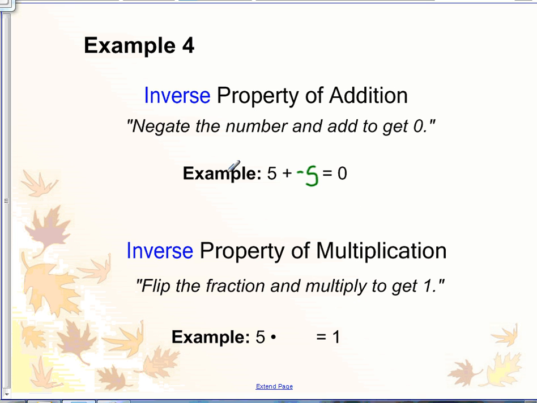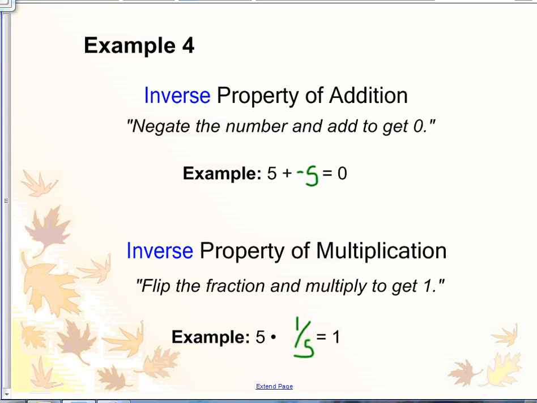In the inverse property of multiplication, you would flip the fraction and multiply to get 1. So the inverse of 5 is 1 over 5. So 5 times 1 over 5 would equal 1. So you are finding the inverse of the problems. In the addition, it would be the opposite. In the multiplication, it would be the reciprocal.